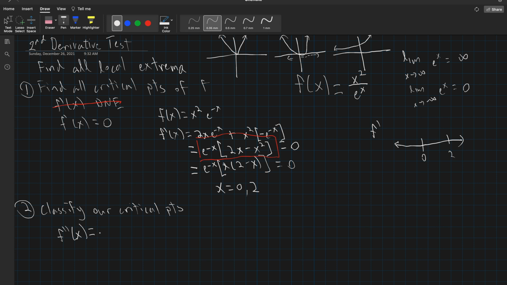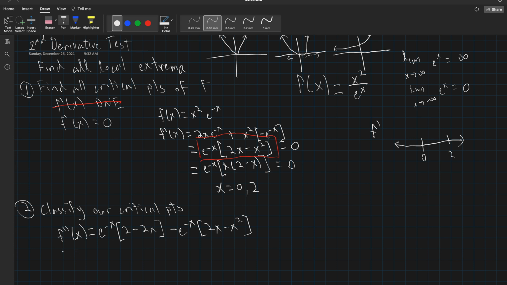Okay, so e to the minus x times the derivative, 2 minus 2x, and then the derivative, minus e to the minus x, times the original, 2x minus x squared. So this is now our second derivative.